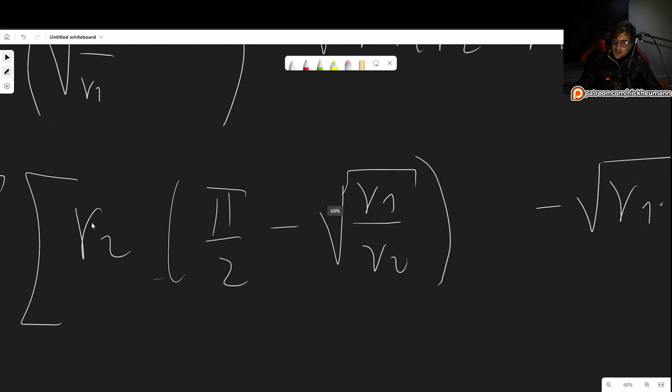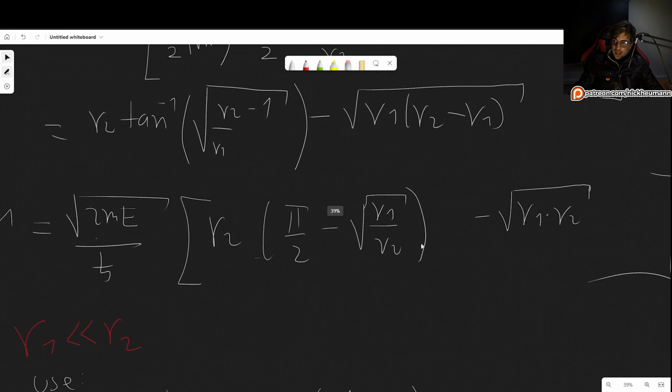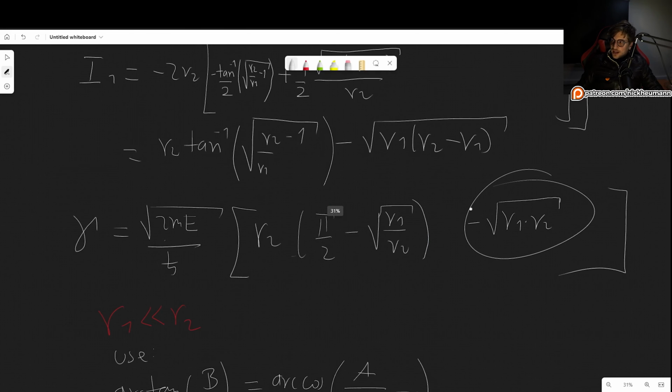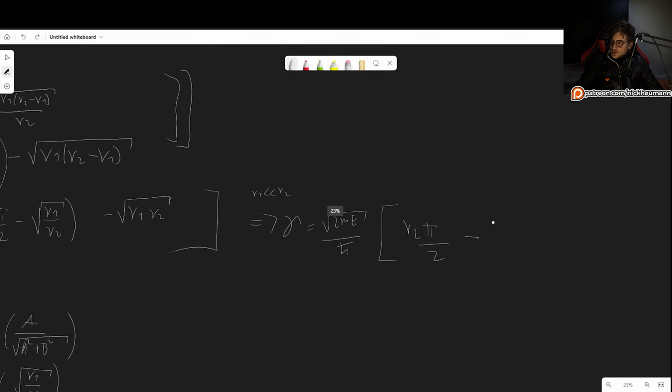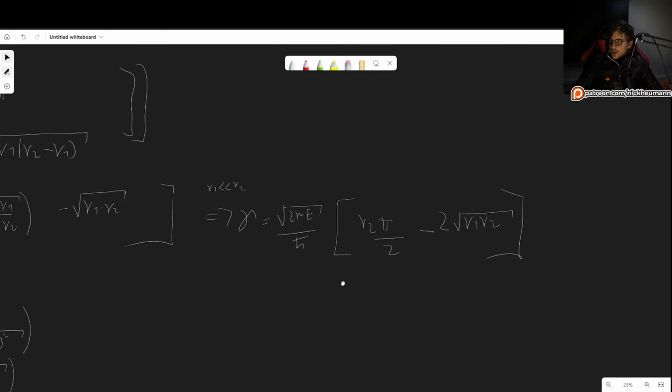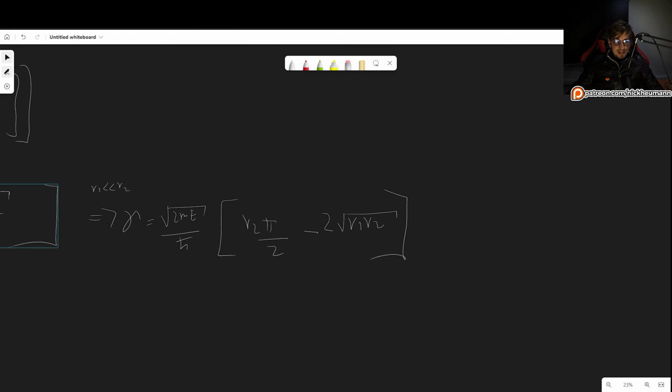So we get the square root of R2 times R1, which we already have here. So we get 2 of those: minus 2 square root of R1 R2. And there we go. This is basically our result.